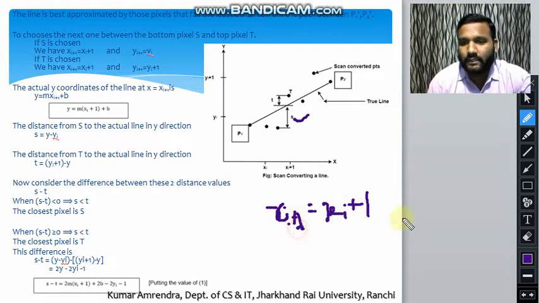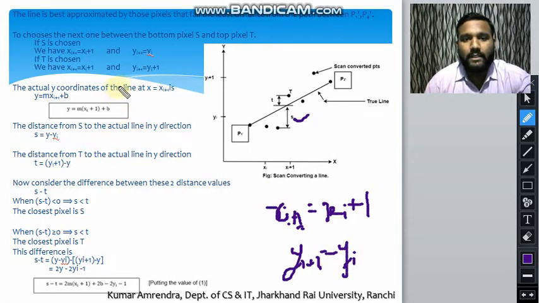This is the position and this is the value 1. In the last class we have seen this, and yi plus 1 remains the same, yi plus 1 equals yi. So there is no change in yi, but xi we increment by the unit value of 1. If T is chosen, then xi plus 1 equals xi plus 1 and yi plus 1 equals yi plus 1.